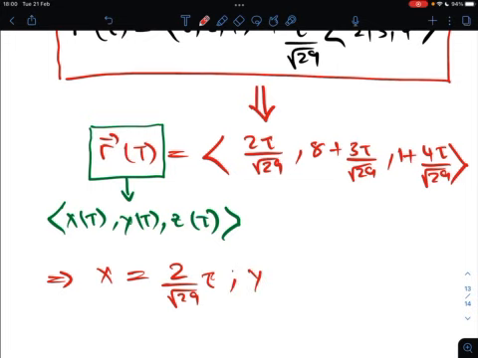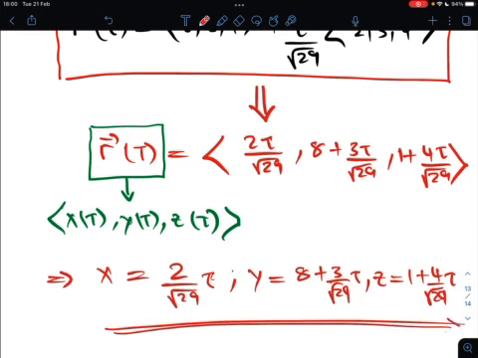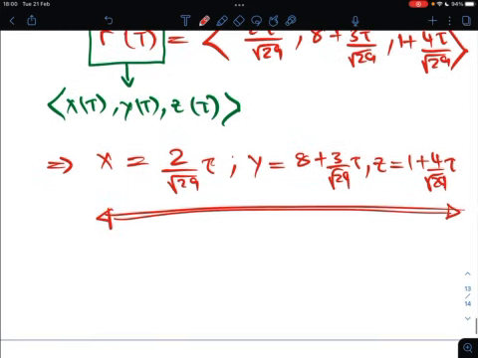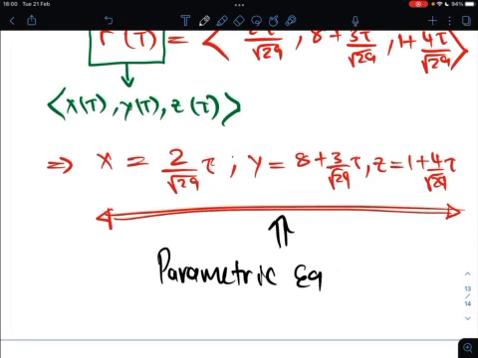And y is 8 plus 3 over root 29 times tau. And z is 1 plus 4 over root 29 times tau. These are what we call the parametric equations of the tangent line.